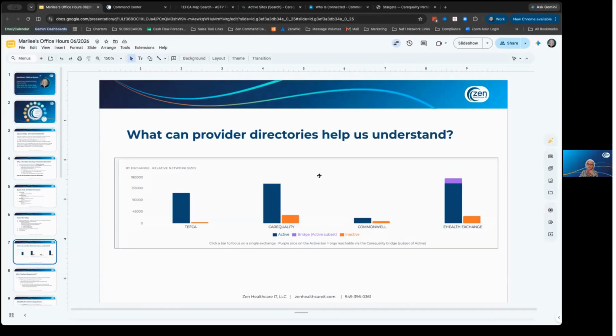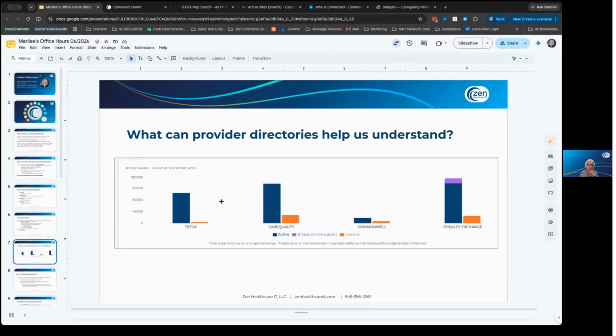But if you opt into Carequality as a Commonwealth member, which our customers do, you get Commonwealth plus Carequality, or Commonwealth plus Carequality plus TEFCA, because we have a lot of multiple network opt-ins. And so if you're an eHealth Exchange member, in this case, we show that someone's opting into Carequality, but you also might be opting into Carequality and TEFCA-based exchange. So obviously it becomes a very complex ecosystem.